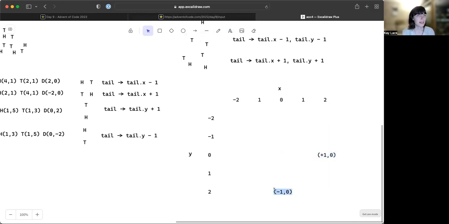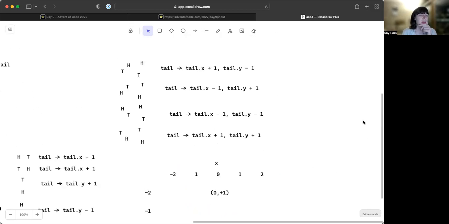And then when x is minus 2, got here. And then when x is 0 and we've got 2, it's going to be 0 plus 1. And then when x is 0 and y is minus 2, we get this. Okay.